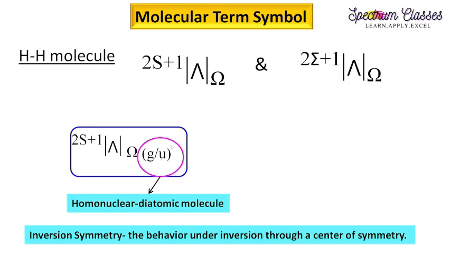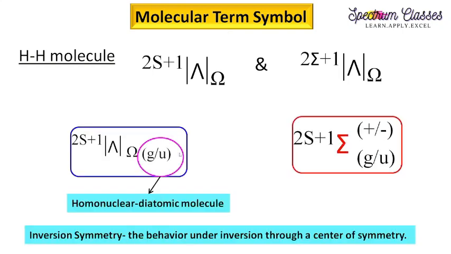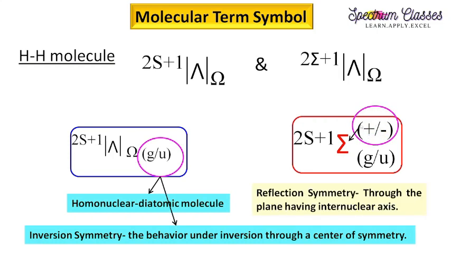So we have already discussed this inversion symmetry in my previous video in detail. Here, in continuation of the videos on molecular term symbols, in this video we are going to focus on reflection symmetry. Reflection symmetry is given in terms of plus or minus as a superscript on the right-hand side of the molecular term symbol, and it is applicable only for the sigma term symbol.